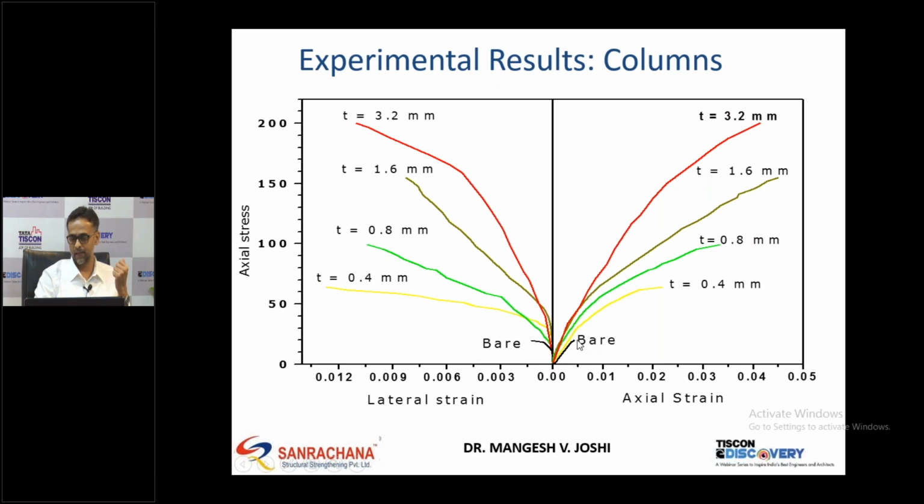Not only that, you can see the area under this black curve and the area under this yellow curve. The area under this yellow curve is much more than the area under this black curve, indicating high energy dissipation capacity. And that's what we look for in ductile detailing, or in case of earthquake, that the structure should be able to absorb a lot of energy. So wrapping is really helpful in that case. It can absorb a lot of energy.